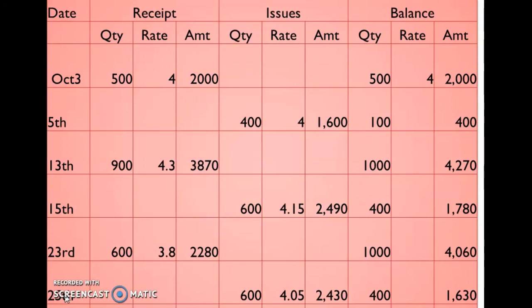By deducting this 600 from the 1000, we get our final quantity as 400 units, and the balance amount is 1630. We have deducted this 2430 from the 4060, right? So finally we write our closing stock. Our closing stock is 400 units.